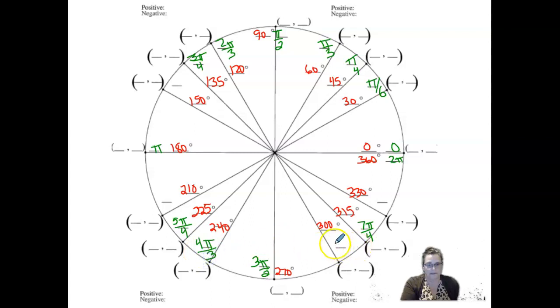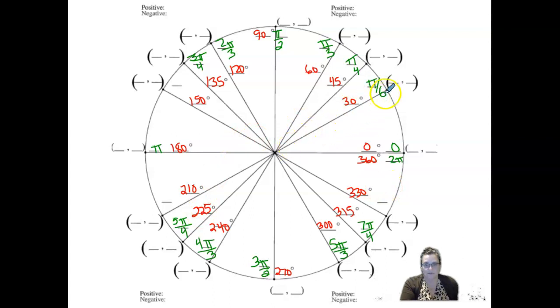And then 300 degrees would be 5 pi over 3, since that's 5 times 60. And then 6 pi over 3 gets us back to 2 pi. That leaves just our pi over 6 angles here that need to be filled in.